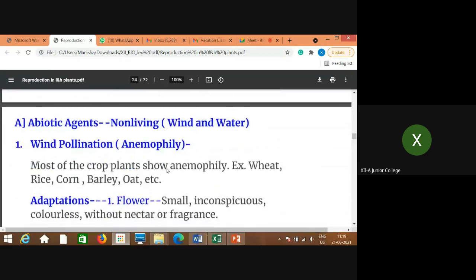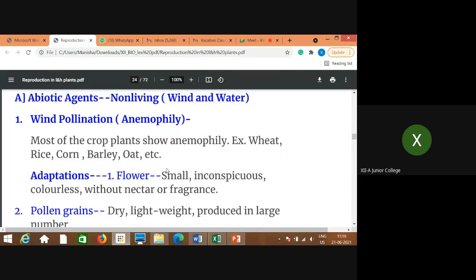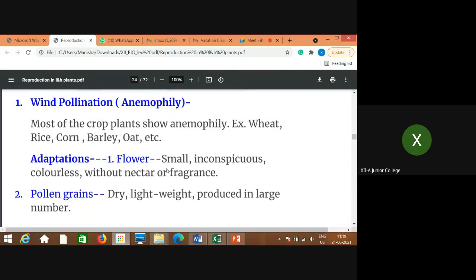First, let's talk about the abiotic agents, which are considered to be non-living. That means examples are wind and water. So wind: this type of pollination which takes place by the agency of wind is called anemophily. See, most of the time students make a mistake with this word. They consider that animals are the pollinating agents.